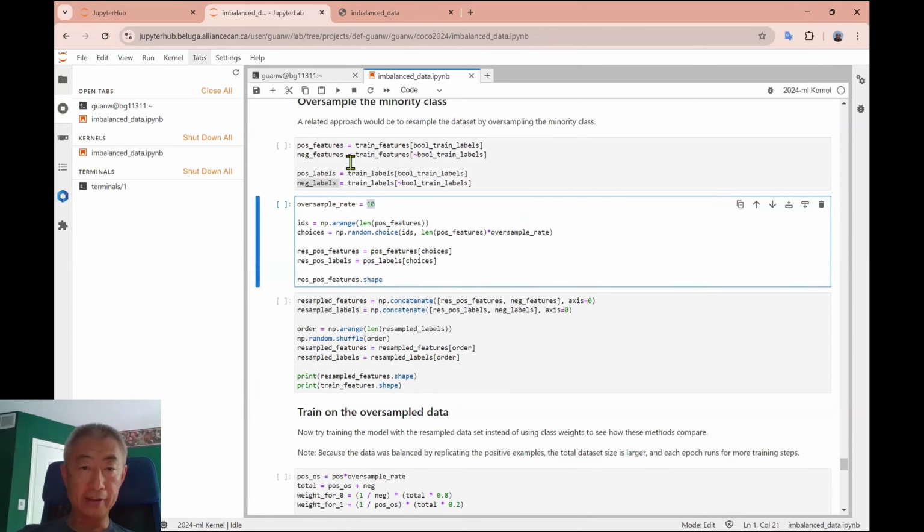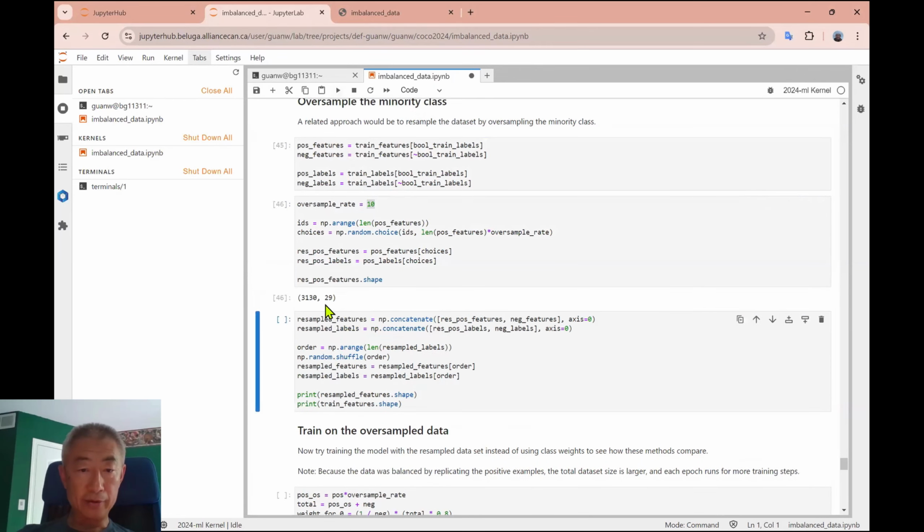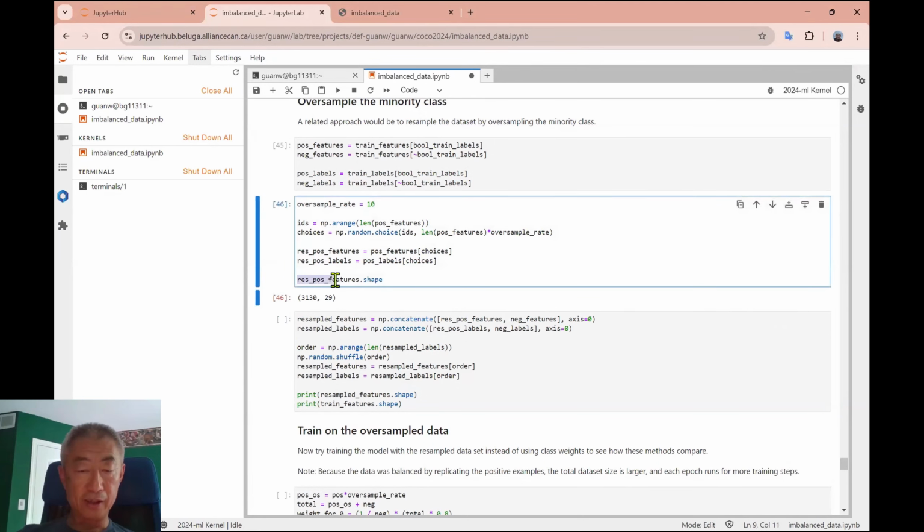So that's what I did. Let's run it. I do this and I do that. After that, you can see the number of resampled positive samples is 3,130. But before I did the oversampling, there were only 313 positive samples in the training set. So it increased 10 times. Okay.